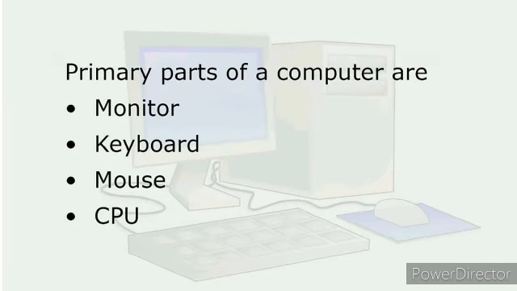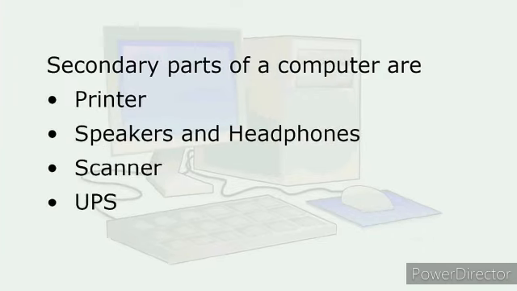Primary parts of a computer are monitor, keyboard, mouse, and CPU. These are the four basic parts of a computer system. Secondary or peripheral parts of a computer are printer, speakers and headphones, scanner, and UPS.